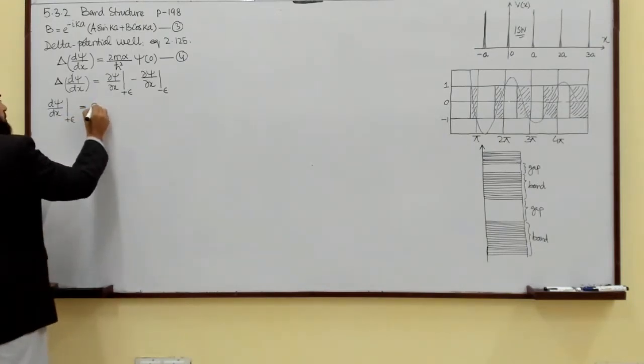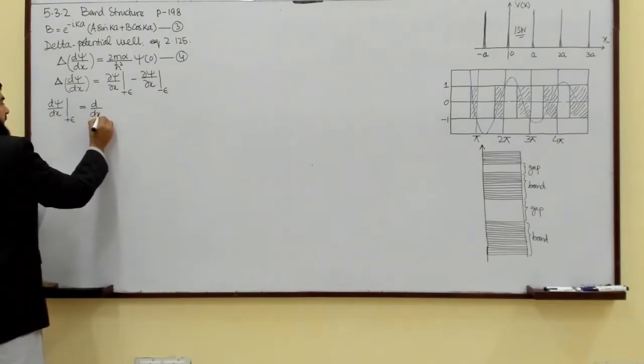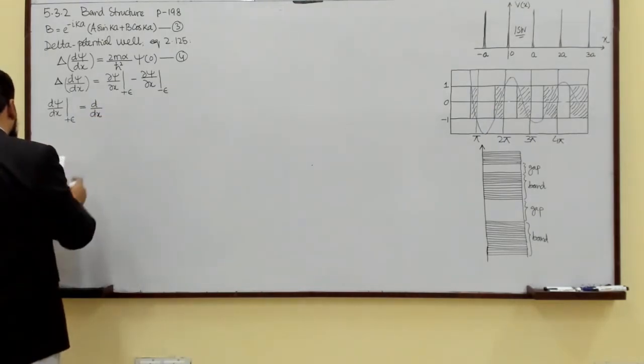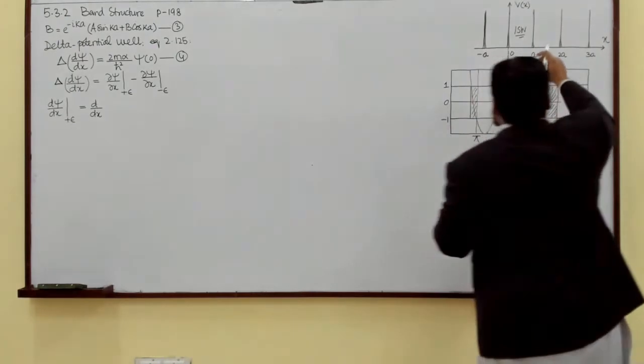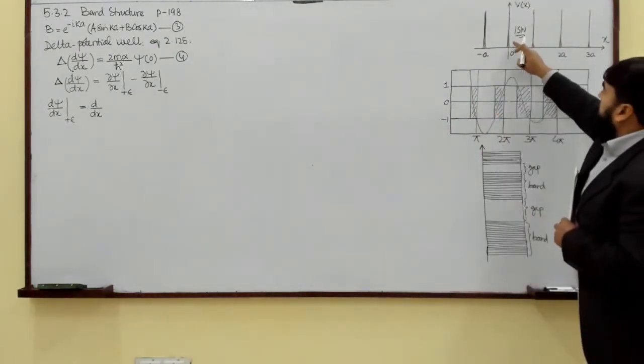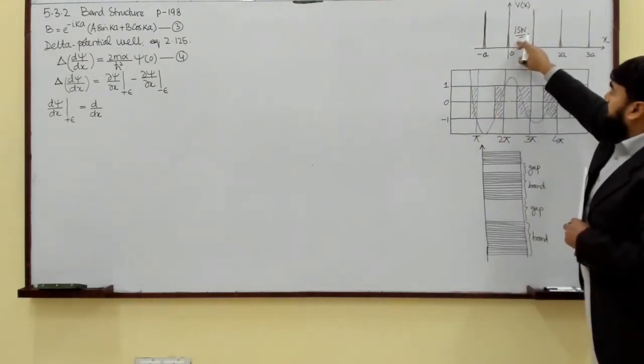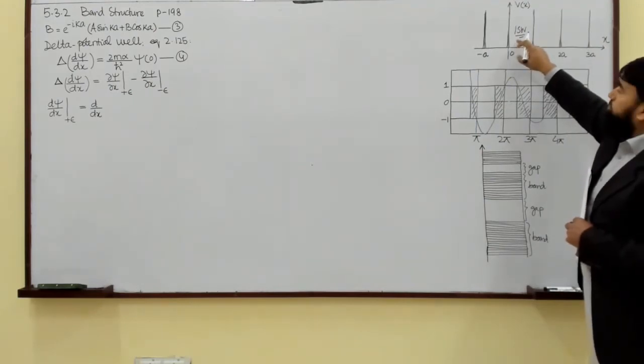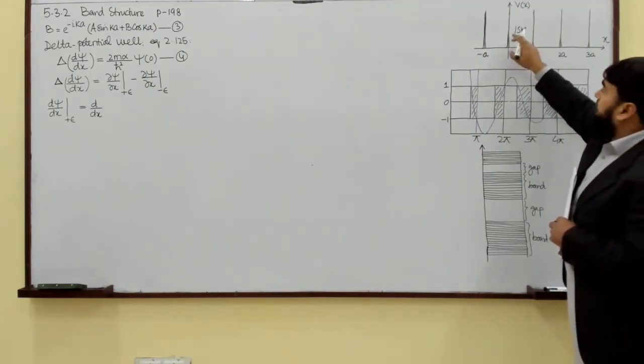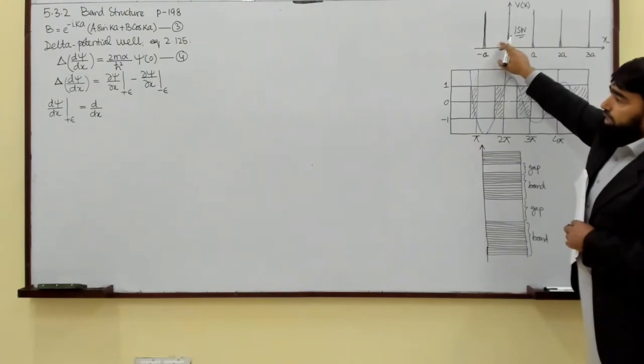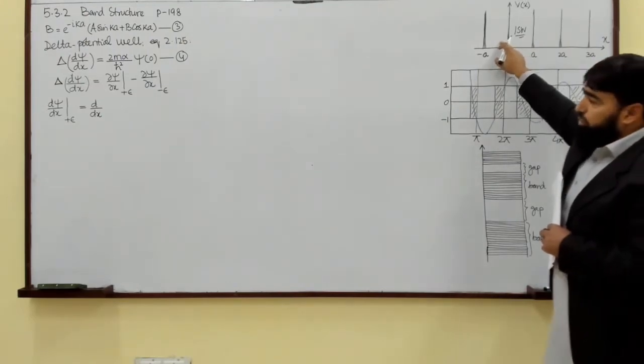So dψ/dx at plus epsilon will be equal to d/dx of the first wave function when I'm slightly on the plus side, and when I'm on the other side, I will take the second wave function.